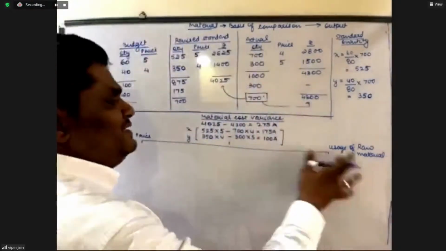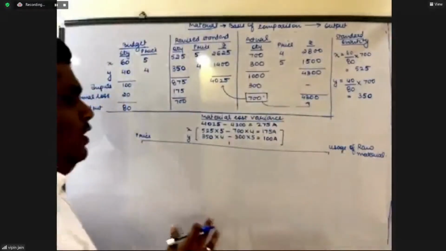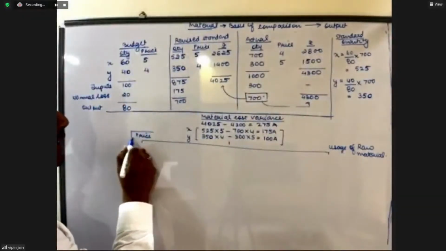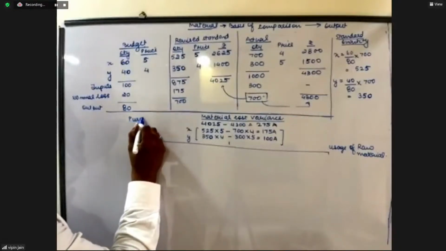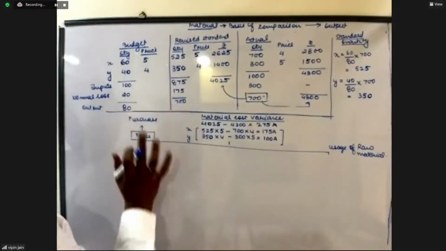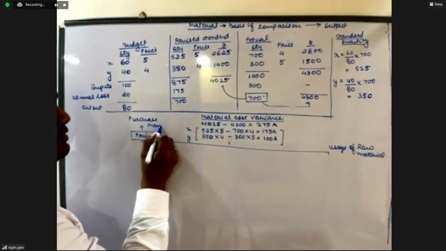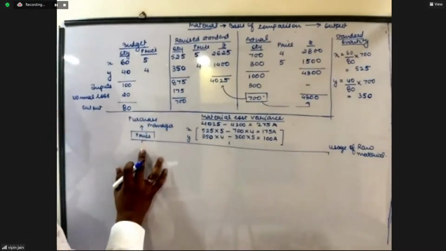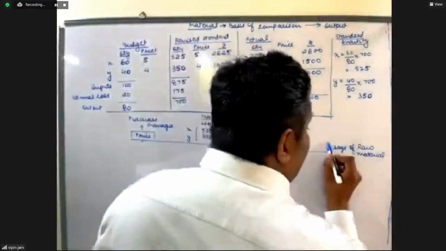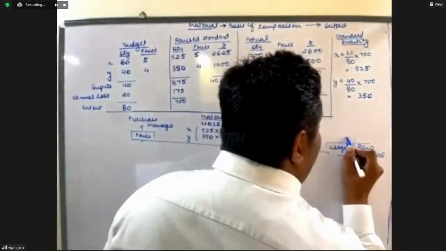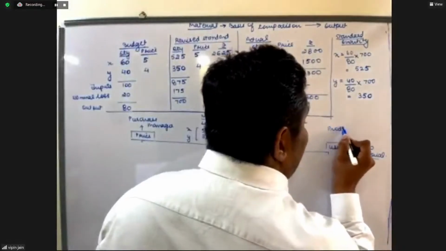These are the two factors responsible for this variance. When talking about the price part, the purchase manager is responsible to purchase the raw material at a competitive price. When talking about the usage part, the production manager is responsible.